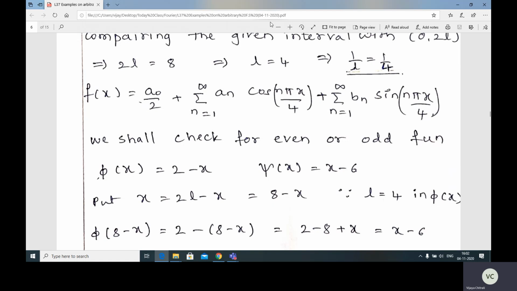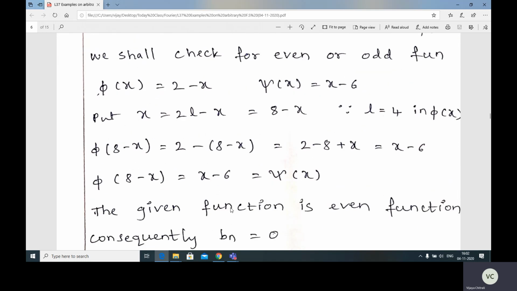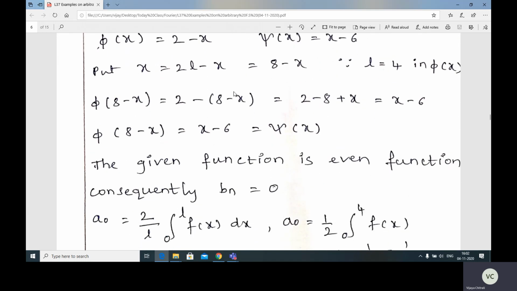So substitute x = 8 − x in φ(x). φ(8 − x) = 2 − (8 − x) = 2 − 8 + x, so we get x − 6, since 2 − 8 is −6. This is nothing but ψ(x).